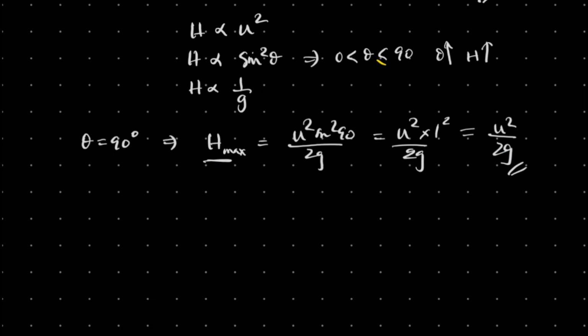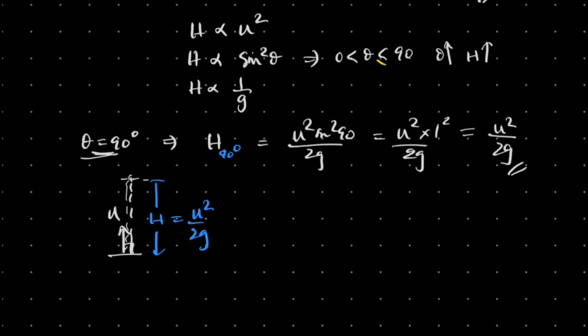For a scenario where you're throwing the particle vertically upward, this height at the 90-degree scenario is going to be u squared over 2g. So what I'm basically showing you is that you don't have to remember the vertical formulas. You could simply grab them from here.